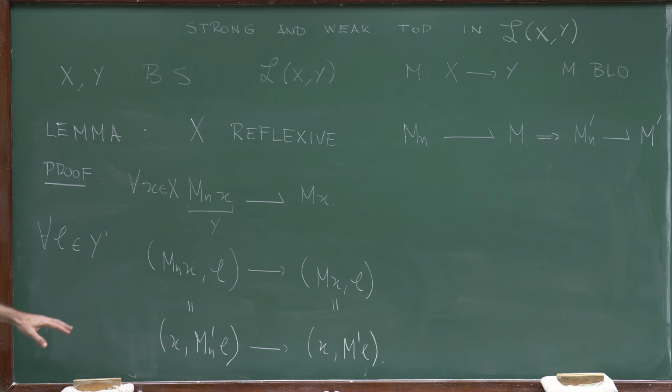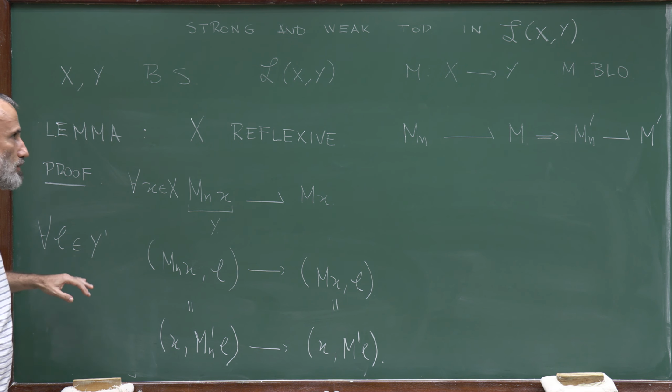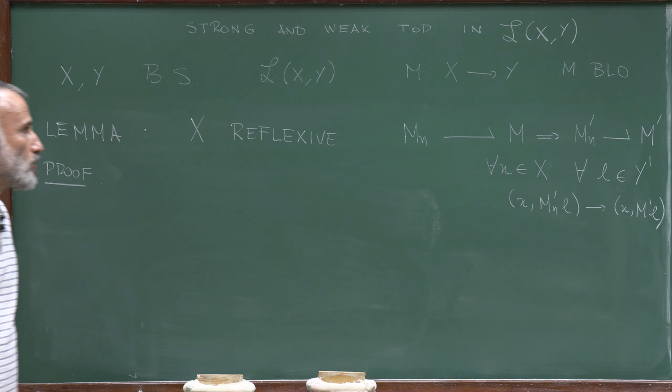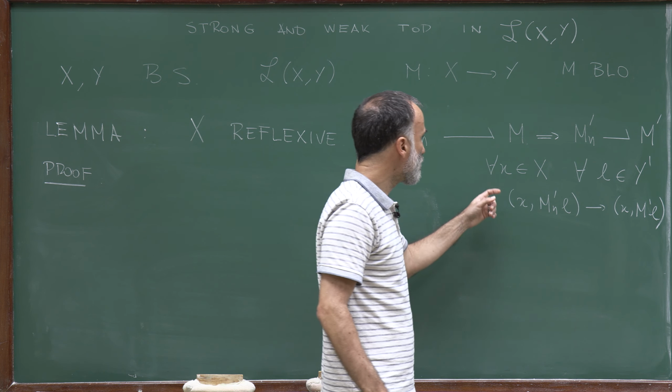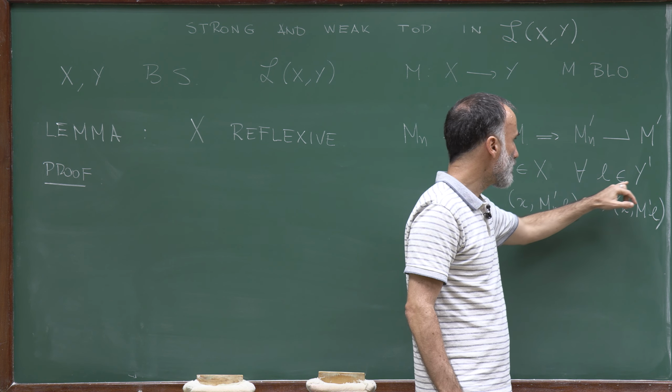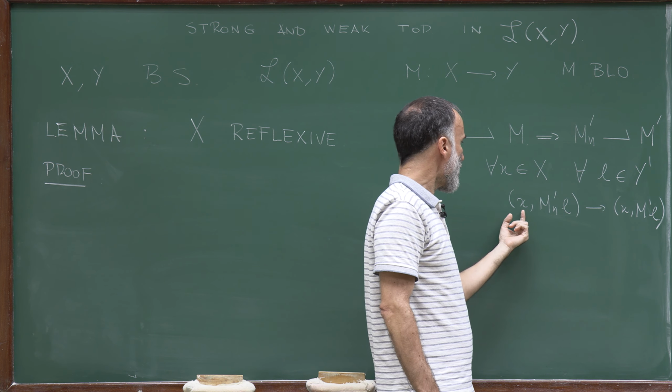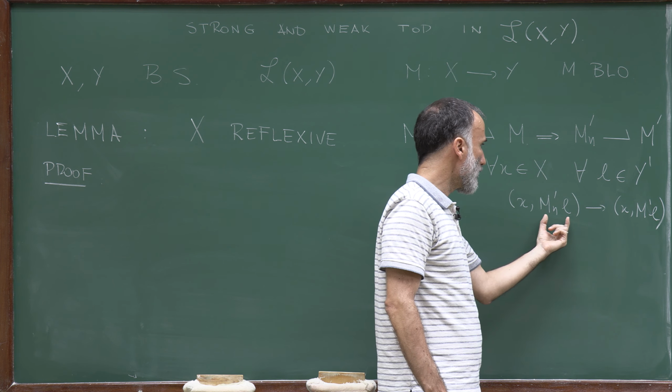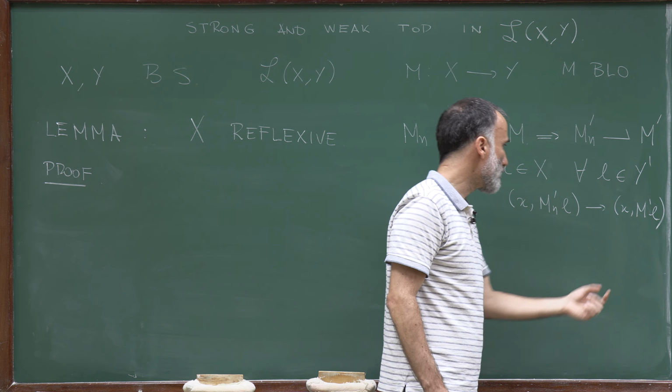So I will erase everything, just keep this information and complete the proof of the lemma. So I wrote here what we proved. Up to now, we proved that for any x in X, any L in Y prime, x Mn prime L converges to x M prime L.